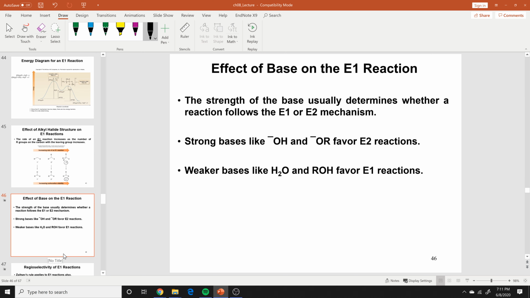Now, with respect to the strength of the base, with an E1 reaction, the base has to be a weak base, and it has to be neutral. All weak bases, these neutral bases, are going to favor E1 reactions. This is going to be different than E2. E2 favors stronger bases. Stronger bases are negatively charged bases.